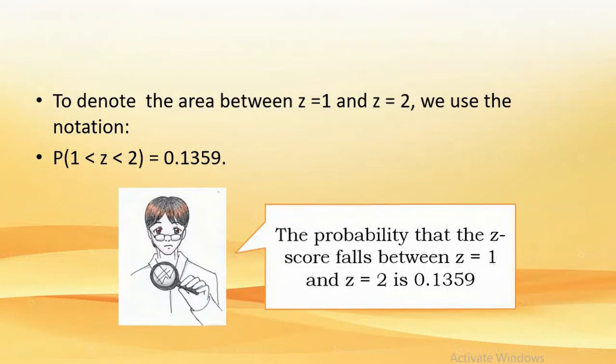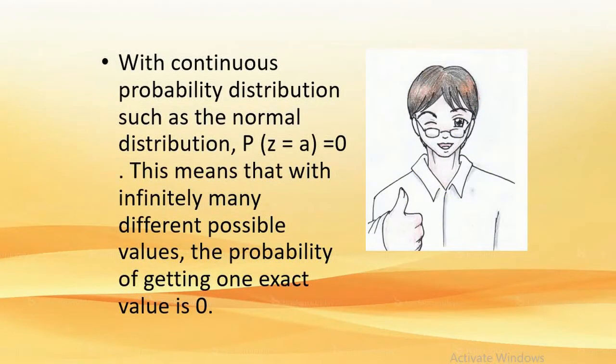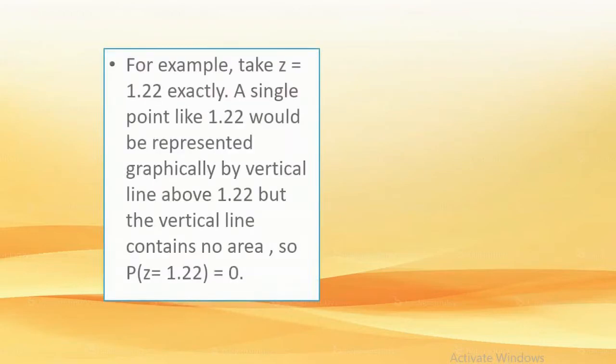With a continuous probability distribution, such as the normal distribution, P(Z = A) = 0. This means that with infinitely many possible values, the probability of getting one exact value is 0. For example, take Z = 1.22 exactly.